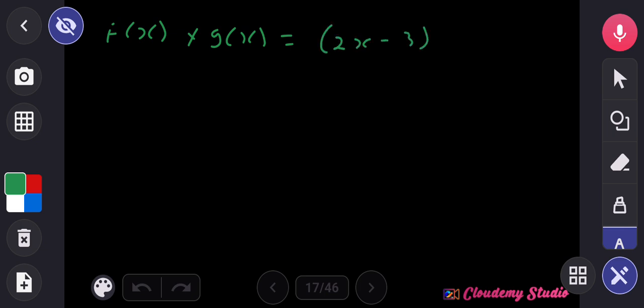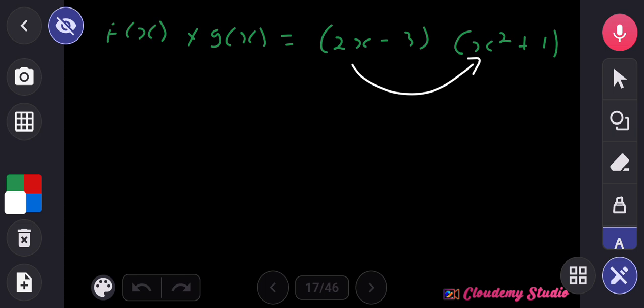Another one is that we can use multiplication. That is f of x multiplied by g of x. And that's going to give us 2x minus 3 multiplied by x squared plus 1. You understand? So we are going to be multiplying one by one.